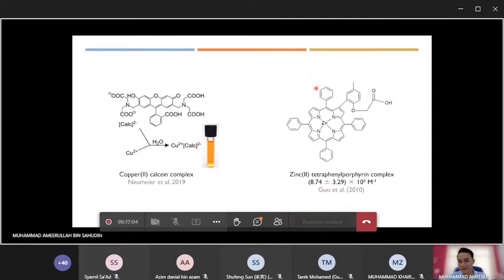Another candidate is by Go et al., 2010, a zinc(II) tetraphenylporphyrin complex. It shows good binding towards histamine with a binding constant of 8.74 × 10^5. The binding constant shows the binding strength between the sensing material and the target analyte. The higher the Kb, the better the sensing material.